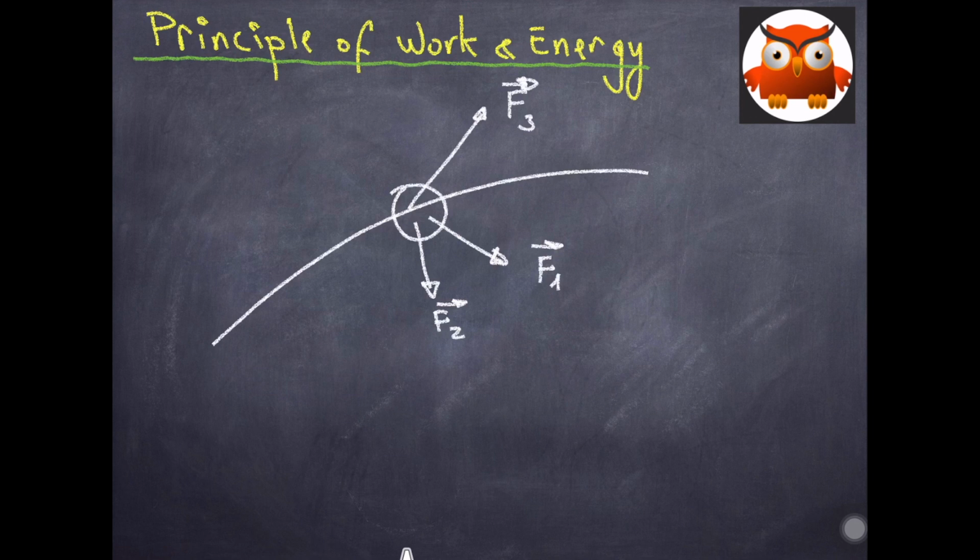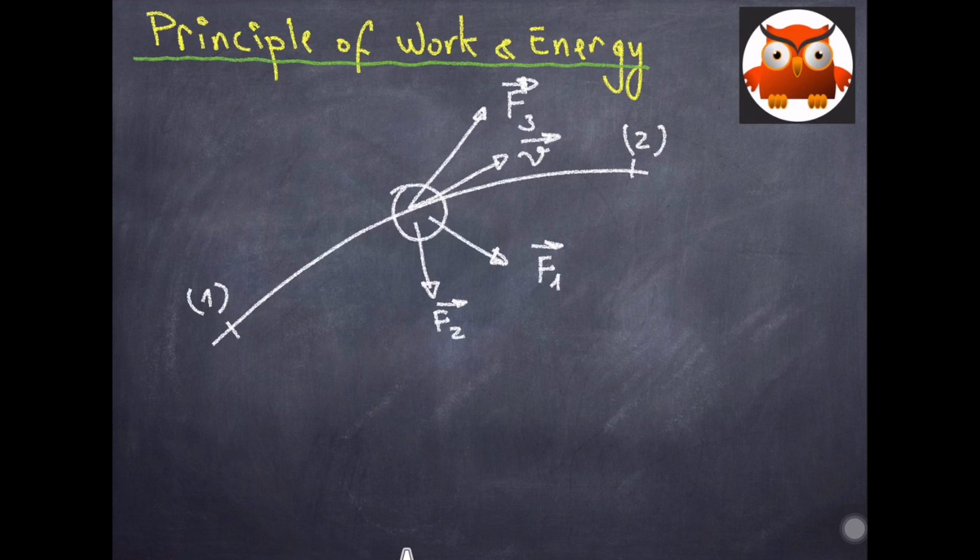Now, all in all, the particle, say, is moving in this direction, and this is the velocity tangent to the path. And assume that we are going to consider the case when the particle is moved by these forces from this position until this position.